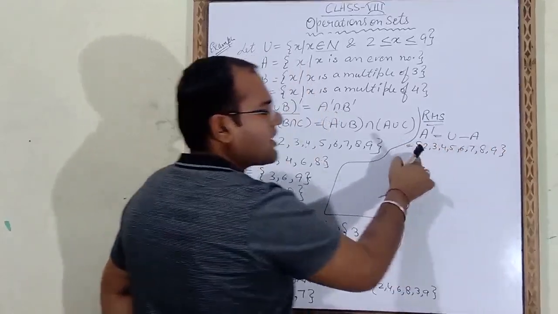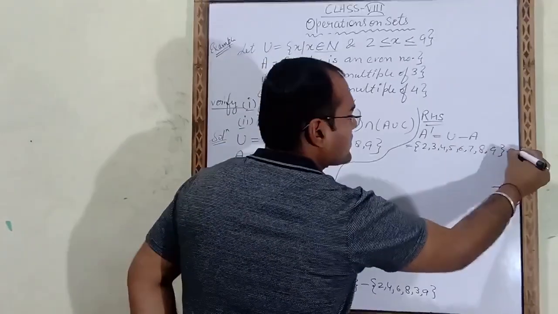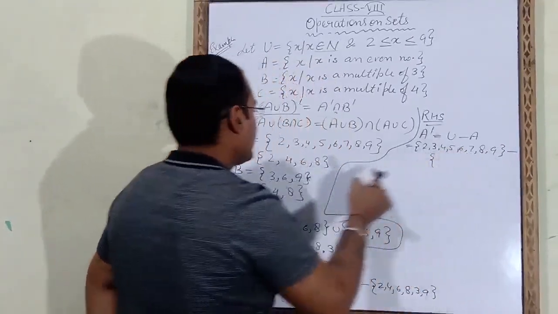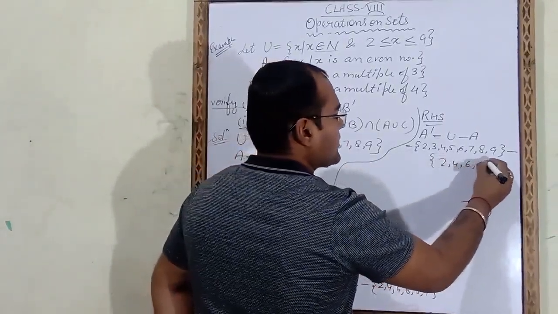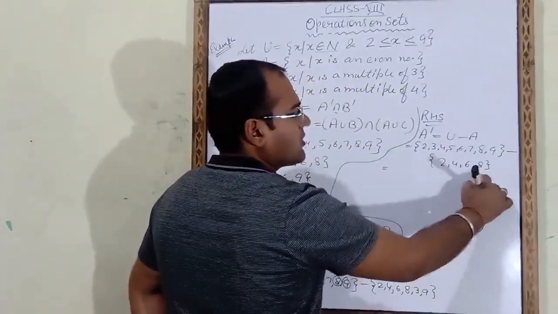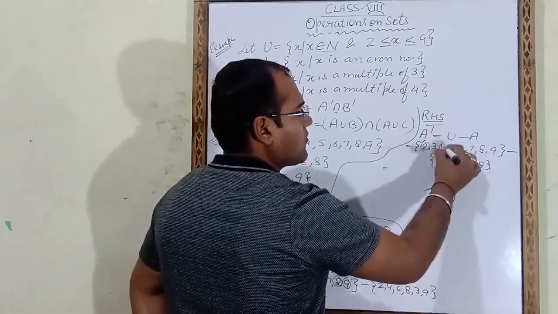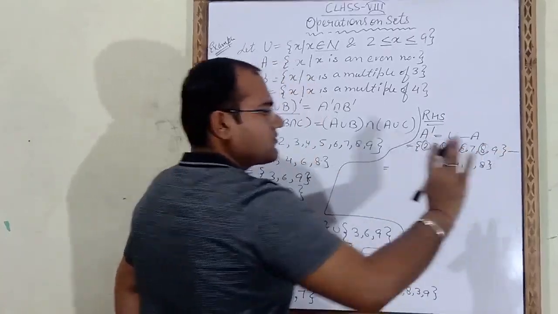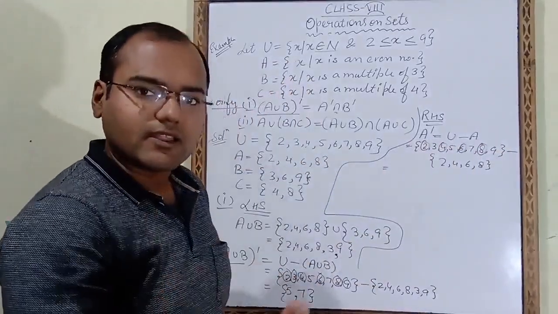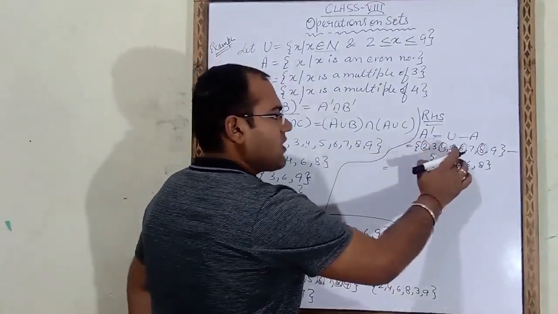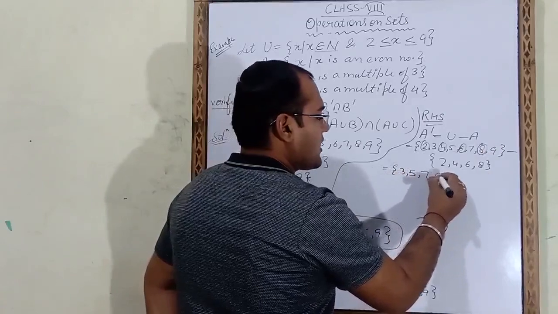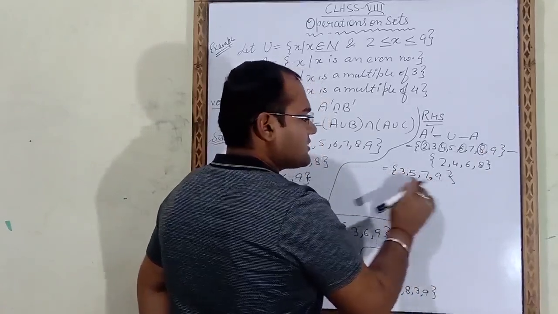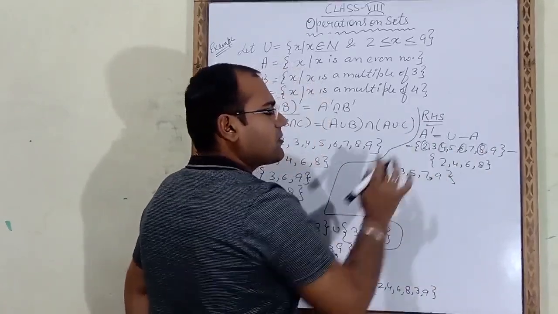Out of these we have to subtract A. A is 2, 4, 6 and 8. These 4 numbers we will remove. Now what are the remaining numbers? 3, 5, 7 and 9. So this is the answer of A complement.